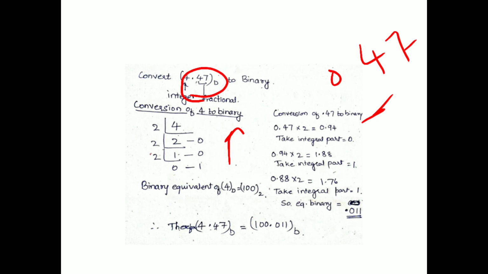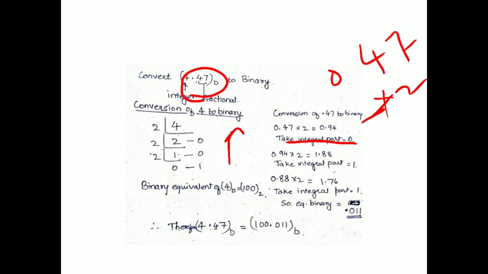In this method, we multiply it by 2 each time, and whatever the integer part is, we take it outside and keep it somewhere, so that we can note it down as our binary equivalent. So let's see what to do. 0.47 times 2 is 0.94. Here the integer part is 0.